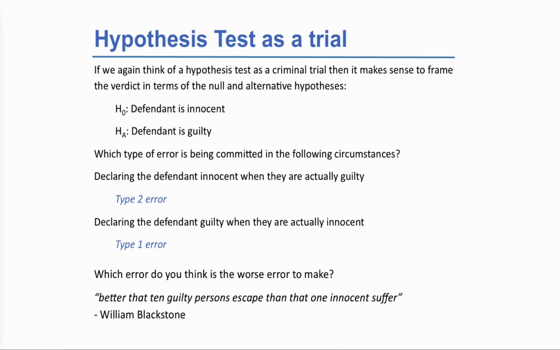And this is somewhat reflected also in the way that we've set up our hypothesis tests. It is worse to make a type 1 error, saying that we have evidence of something that we don't have, rather than making a type 2 error, which is saying we don't have enough evidence, even if the alternative might actually be true.